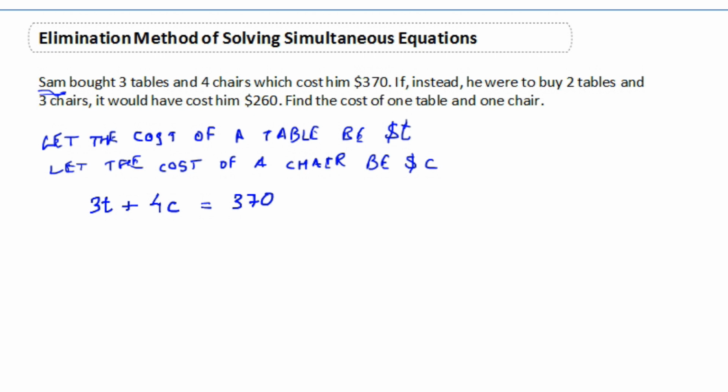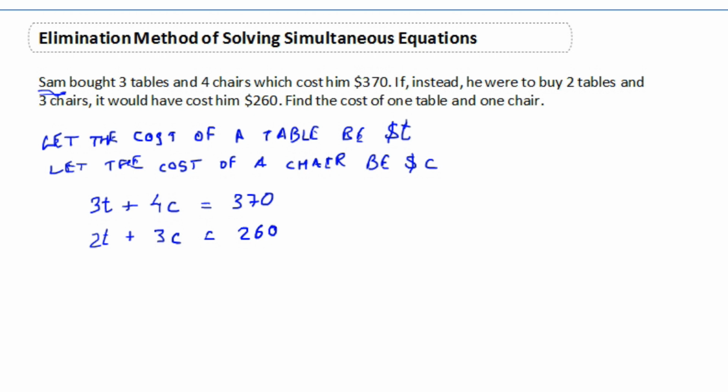And then it says that if instead he were to buy 2 tables, which means 2t, and 3 chairs, so plus 3c, it would have cost him only $260.